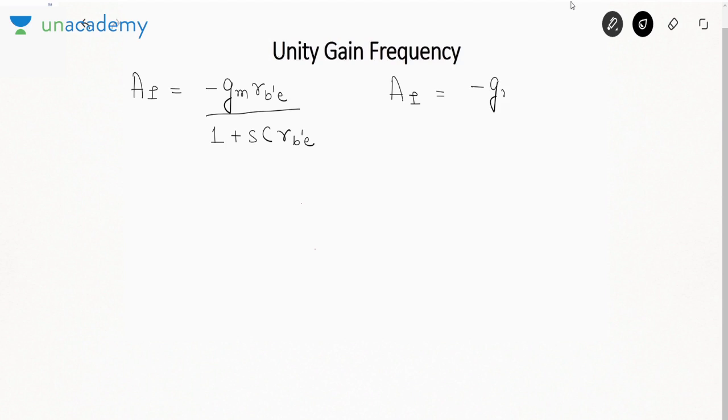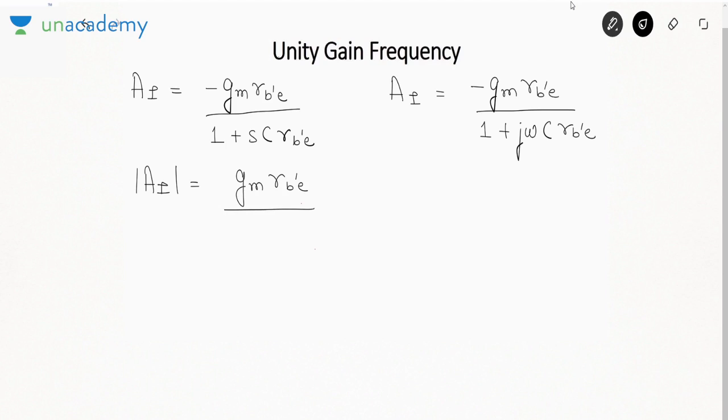So minus GM RB'E over 1 plus j omega C RB'E. I told you unity gain frequency is the frequency at which gain is 1. So calculate the magnitude of gain. Minus will go away when we take the mod, divided by under root A square plus B square.